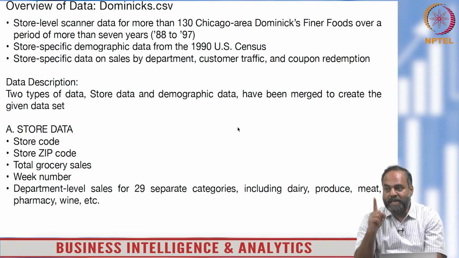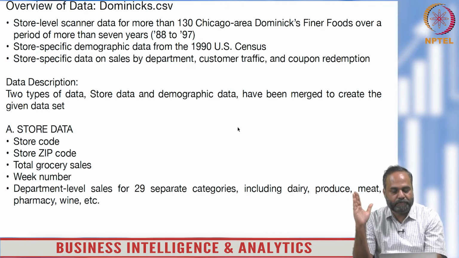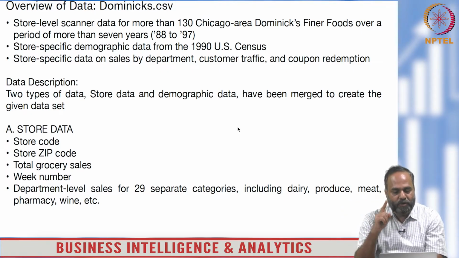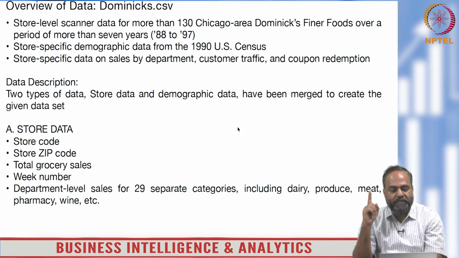Okay. So, what they are receiving is sales data of about 130 stores in different parts of that state for how many years? 7 years data. Do you feel okay here to work with this data? It is 7 years data. And look at the next characteristic of the data, store specific demographic data from the 1990 US census.